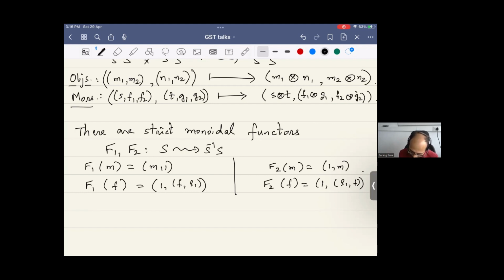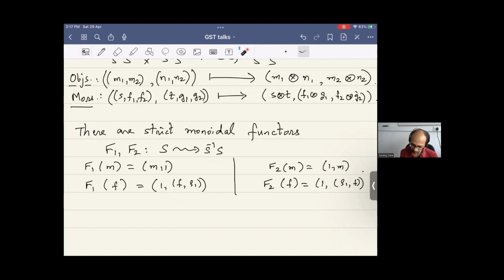So for maps, remember that what you want here is an object of S. So any morphism in S inverse S is like an object in S along with two maps. So this is the object. The object is just 1, and then you want a map from 1 tensor M to N, if the map is from M to N. So that's just the map.